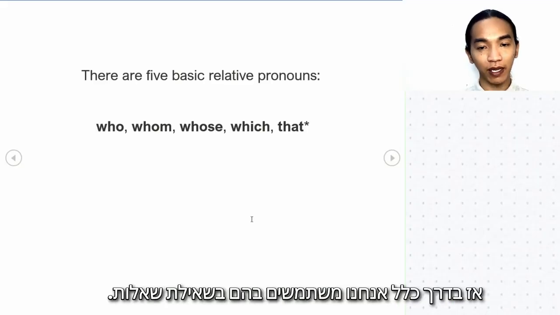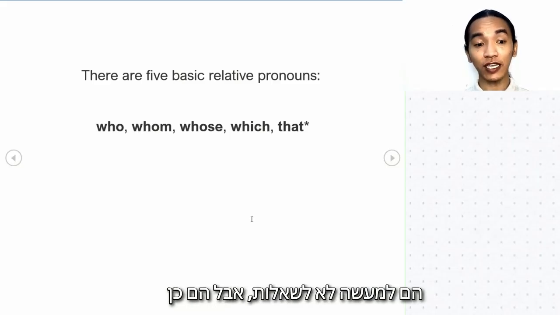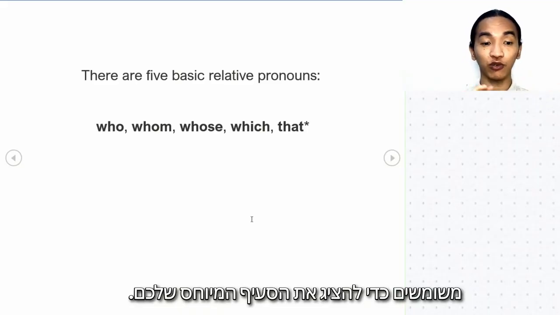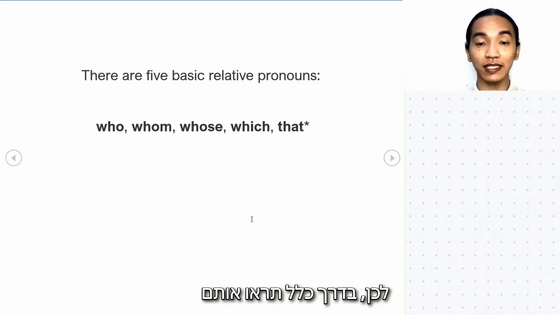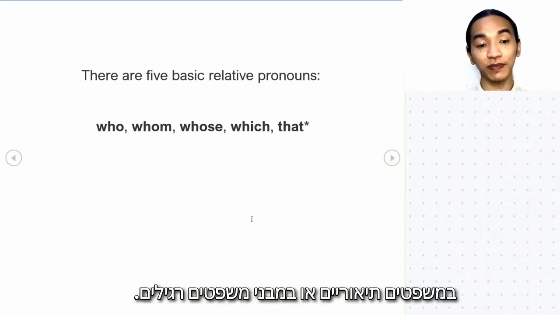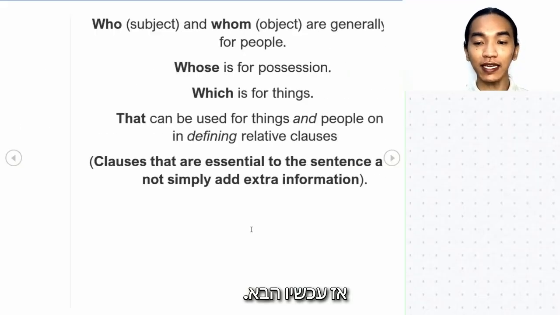Normally we use them in asking questions. On the other hand, relative pronouns are not for questions, but are used to introduce your relative clause. Therefore, you will commonly see them in descriptive sentences or normal sentence structures.